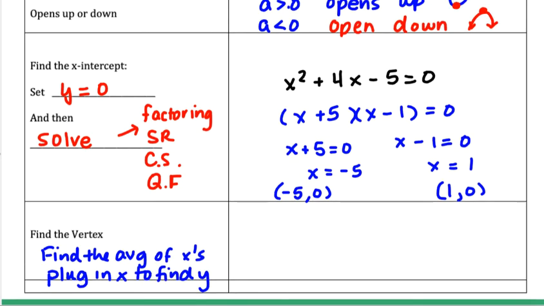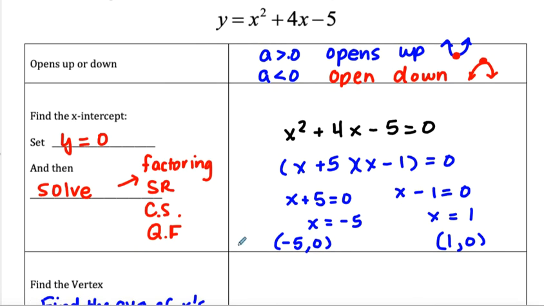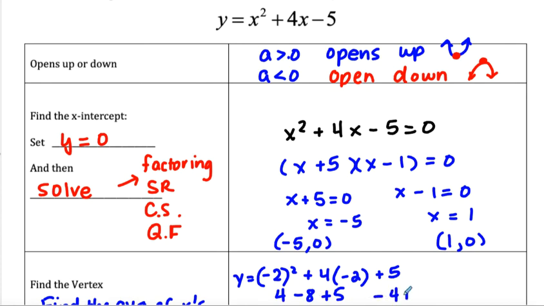I'm going to do that really quickly. So y equals -2 squared plus 4 times -2 minus 5. That's going to give me 4 minus 8 minus 5. So -4 plus 5 gives me 1? Is that right? Oh, it was -5.